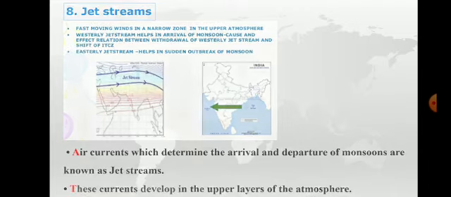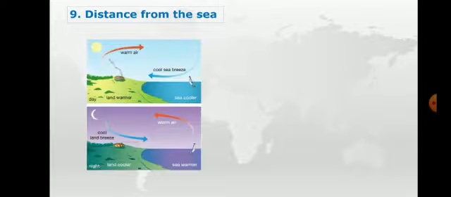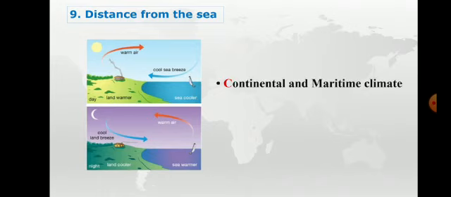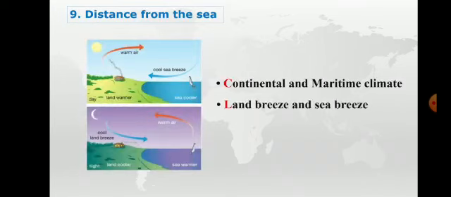Okay. Next we'll see distance from the sea. Areas in the interior of India have an extreme type of climate, also called continental climate.